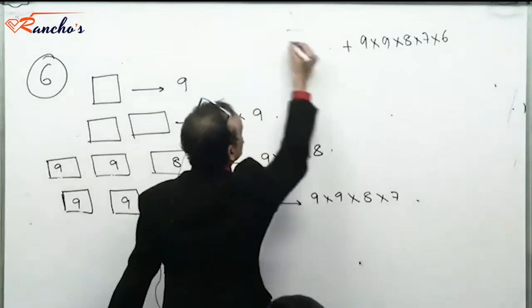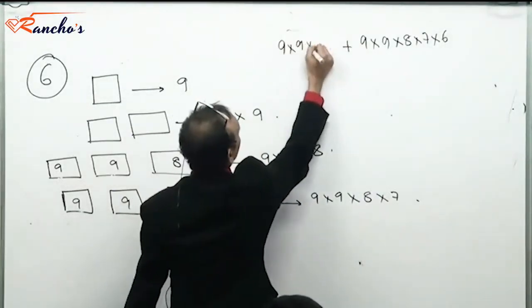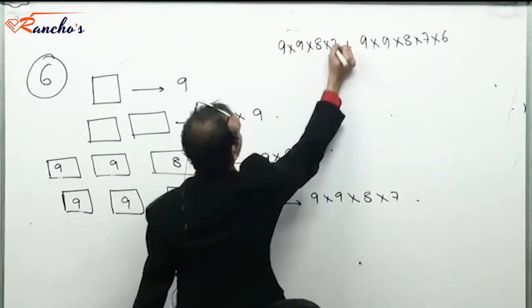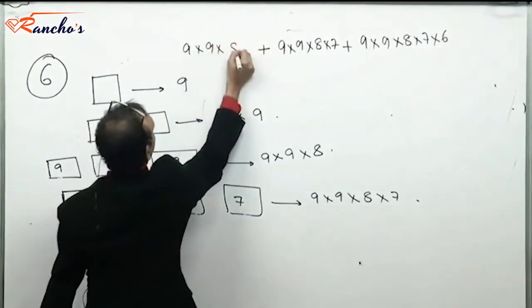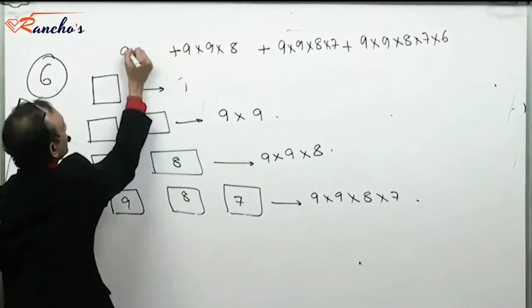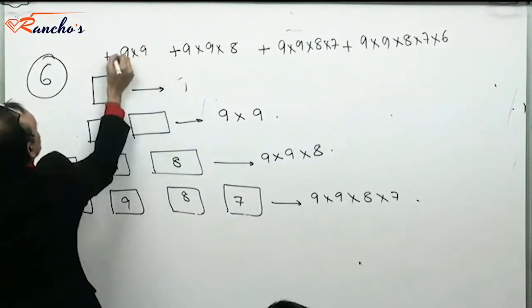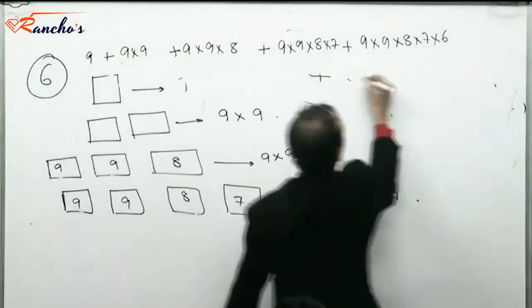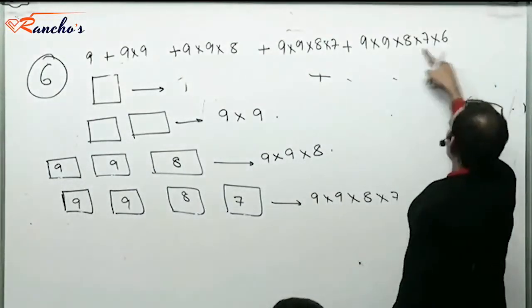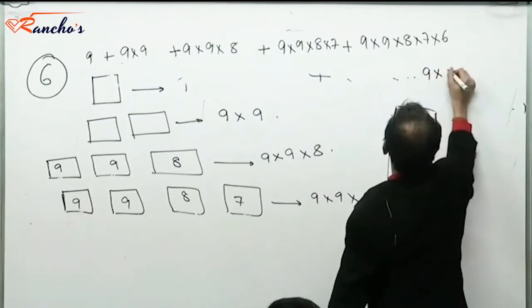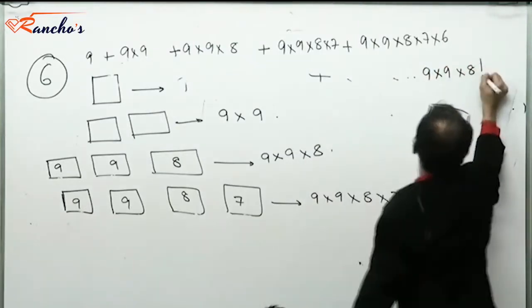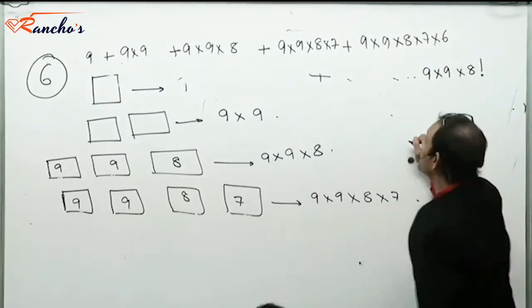Then this one was 9 into 9 into 8 into 7, and then 9 into 9 into 8, and then 9 into 9, and then a 9, and you keep going this way. Eventually, the last one will become an 8 factorial. So the last member of the series is going to be 9 into 9 into 8 factorial. That's the count, very clearly.